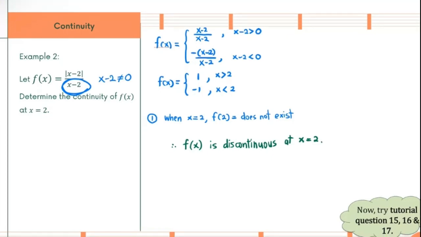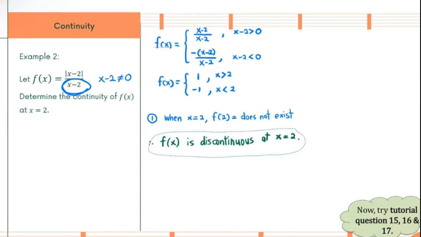Okay, sebabnya apa? Daripada first condition ni saya dah dapat dia does not exist. So therefore it will be discontinuous directly. Tak perlu check untuk second dengan third dah. Okay, as long as one tu dia dah stop, kita terus stop situ lah. Sebab kalau kita check pun tak ada gunanya sebabnya memang dia tak satisfy one of the condition.